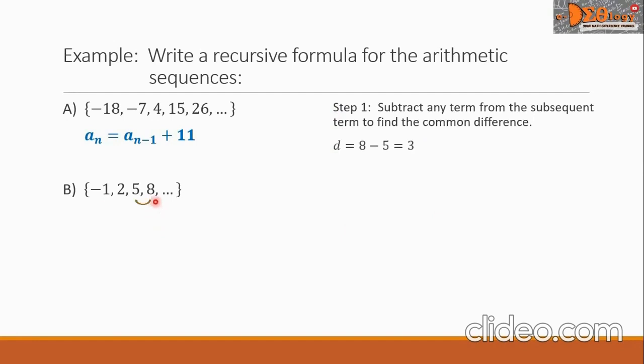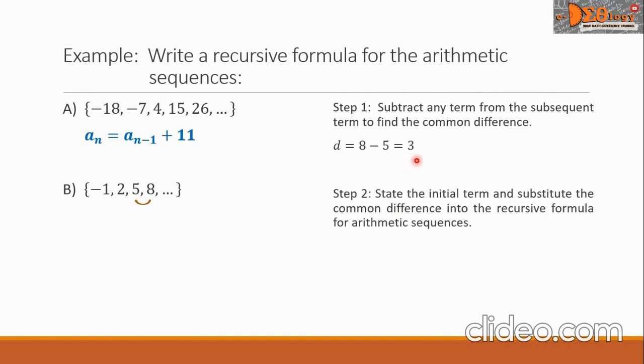We can take this 8 minus 5 to be our d, and the answer is 3. We can see also that if we subtract 5 minus 2, we will get positive 3, or 2 minus negative 1 is also positive 3. So d equals 3.